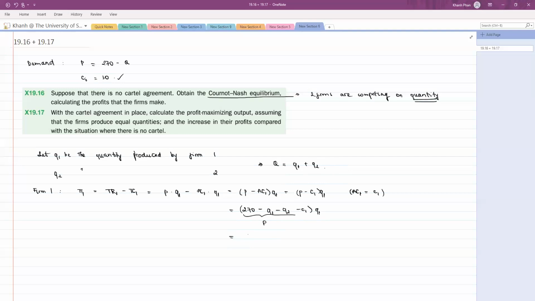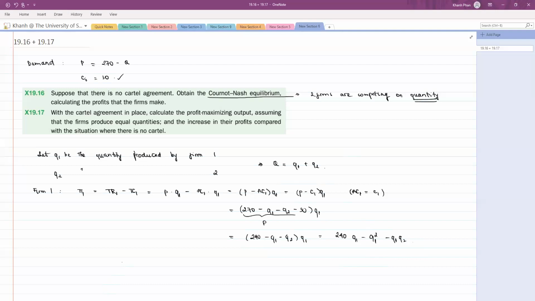Now C1 is equal to 30, so if I substitute that in, I get 240 minus Q1 minus Q2, and everything times Q1. That gives me 240 Q1 minus Q1 squared minus Q1 Q2.